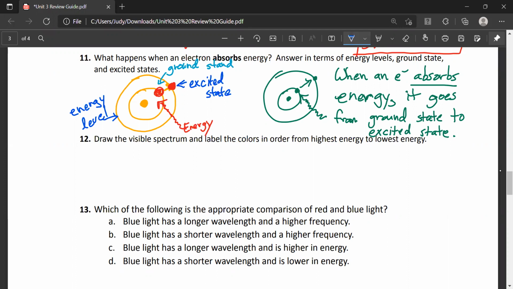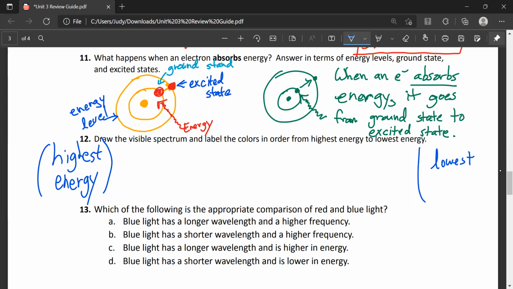Now, since we're looking from the highest energy to the lowest energy, I'm going to start out with violet because it's darker. So violet usually has a higher frequency, which means higher energy.